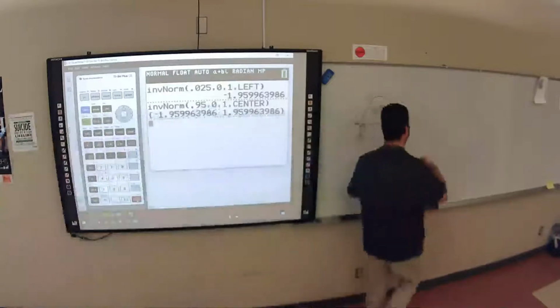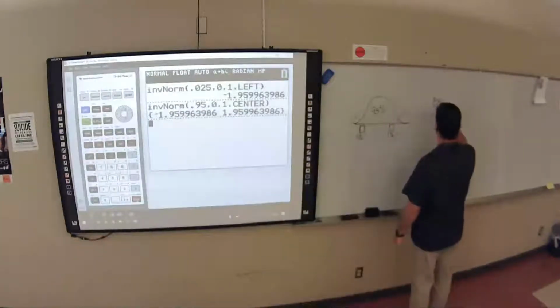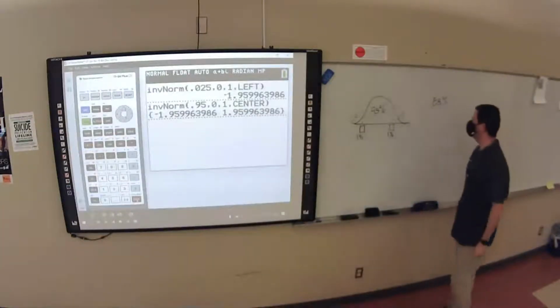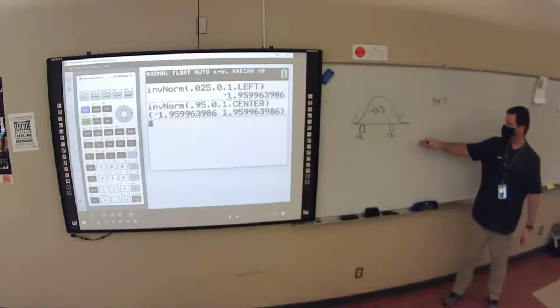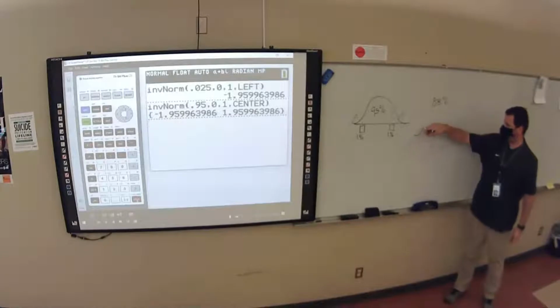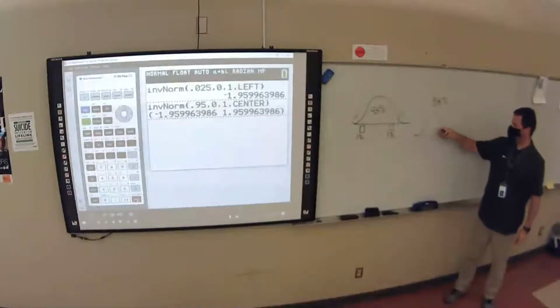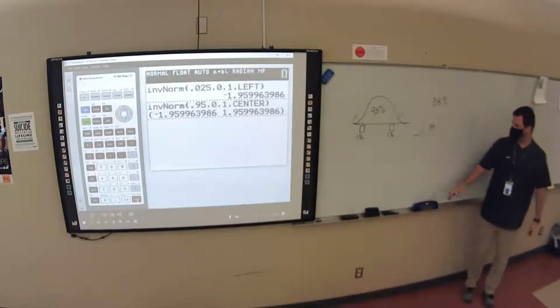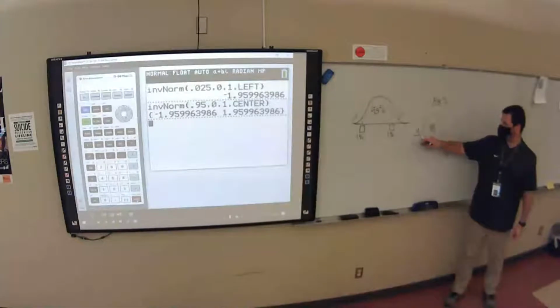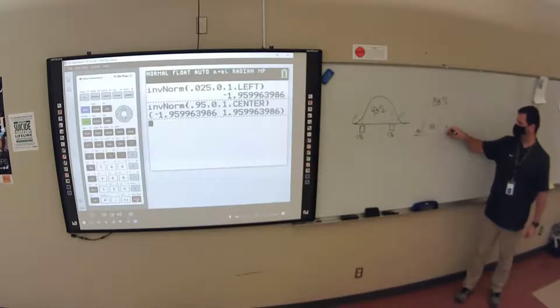All right, if they want the 88% confidence interval, then that means it's the middle 88, which leaves 12 left over, not 22, 12, which puts us at 0.06 and this at 0.06.